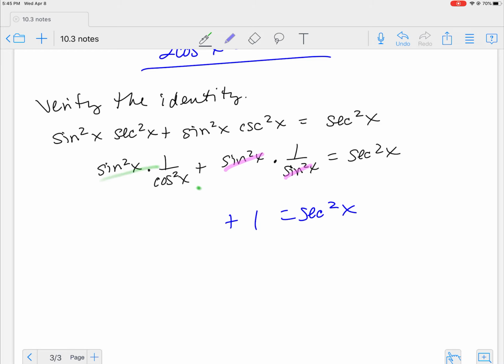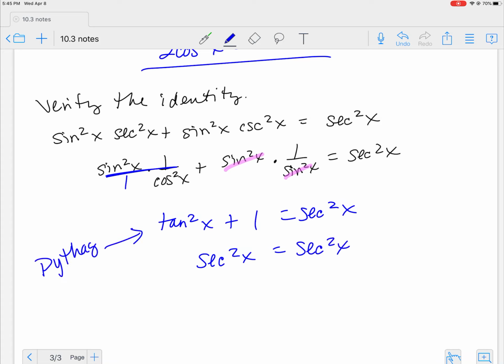It doesn't cancel out, nothing's there, right? I still have this plus sign, so I have to have something back over here. So this is just that plus 1. But look at what's happening here. Sine over cosine. What's sine over cosine? Yep, tangent squared x.